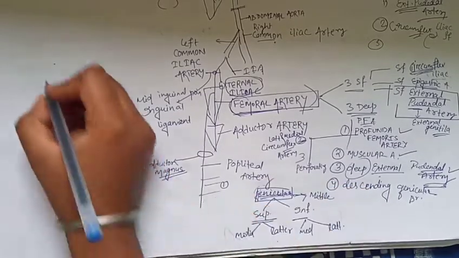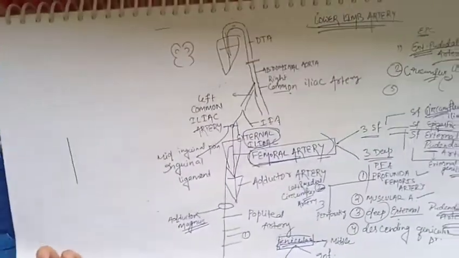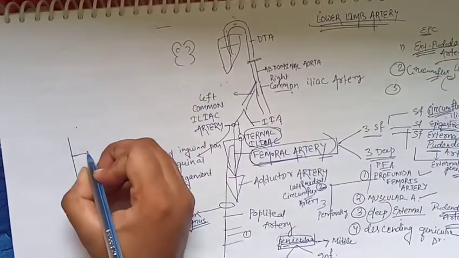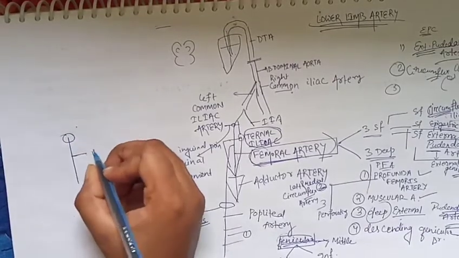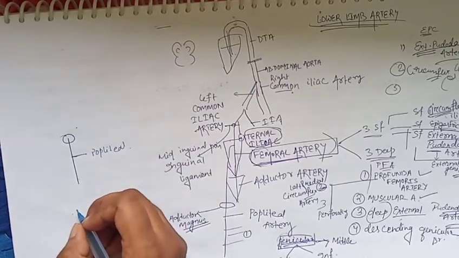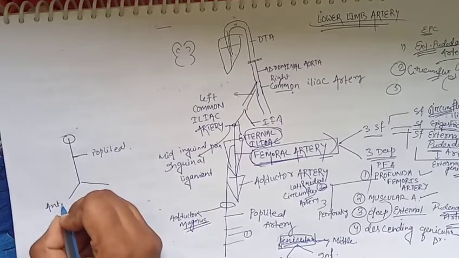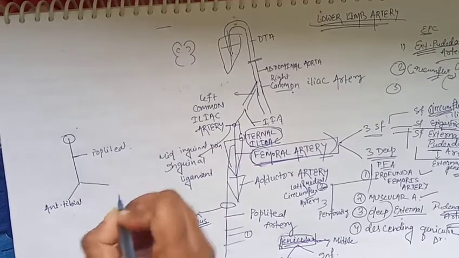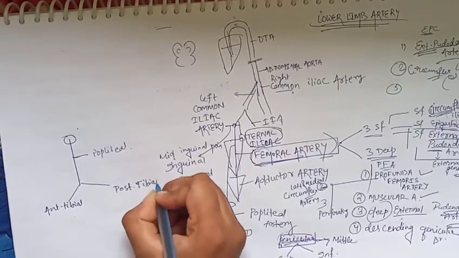Then the popliteal artery. Here I mention that this is the adductor magnus opening, and the femoral artery continues as the popliteal artery. So the popliteal artery is divided into 2 parts, the anterior tibial artery and the posterior tibial artery.